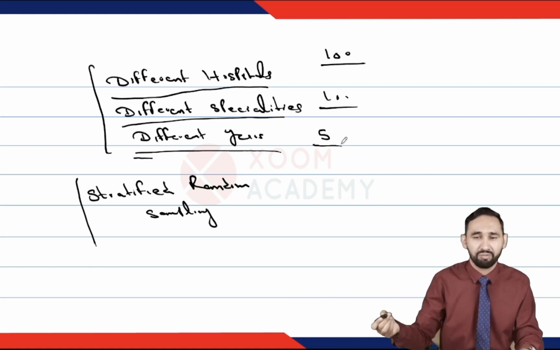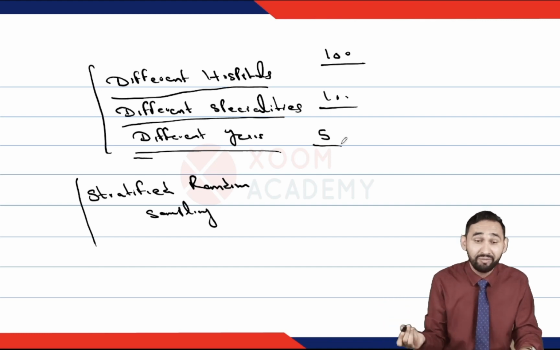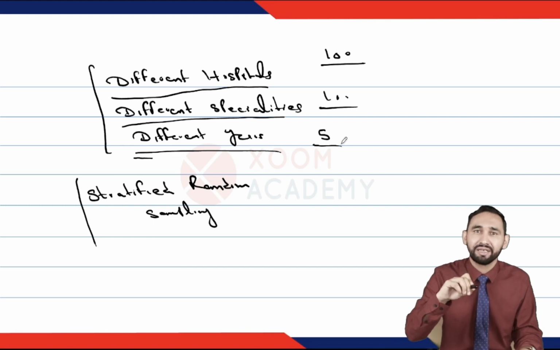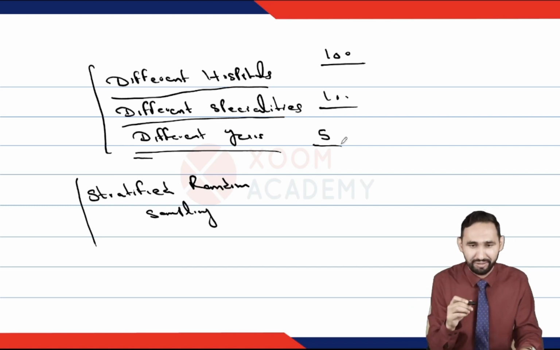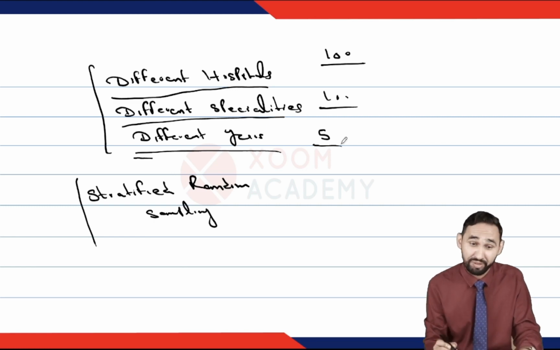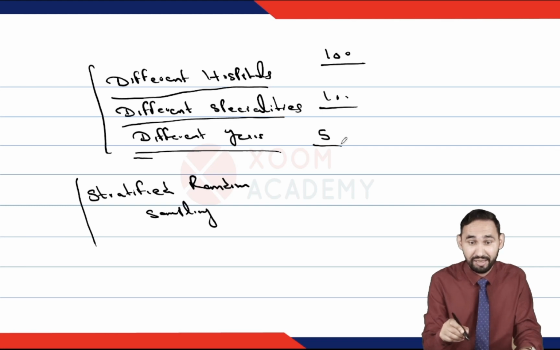We can make subgroups of medicine, surgery, gynae, obs, peds, neurology, and subgroups of years 1 till 5 for every specialty. Every specialty should be included. So we need strata, we need subgroups. That's why the stratified random sampling technique is most appropriate in such a scenario.